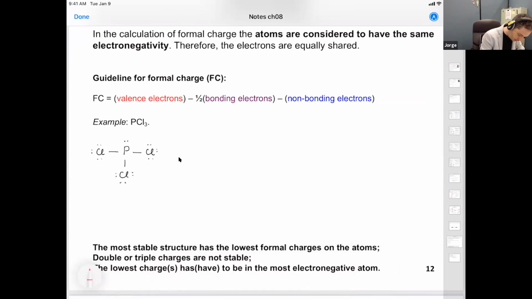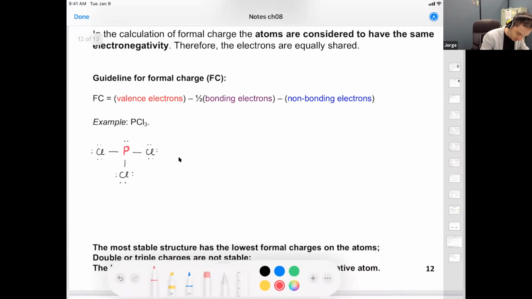So the calculation of formal charge is going to involve the formal charge of all the elements present in the structure. So let's start here with the phosphorus.